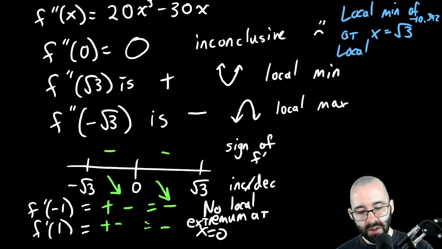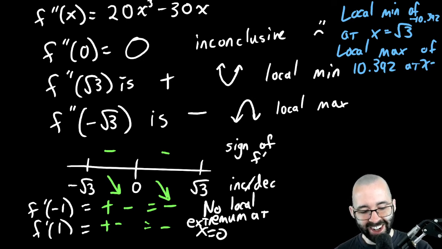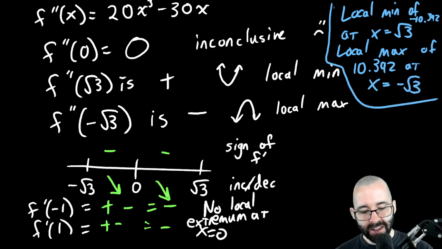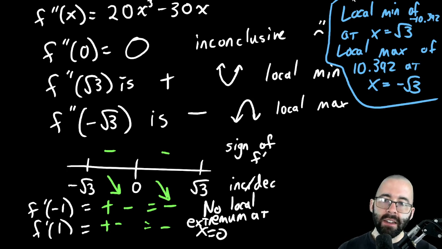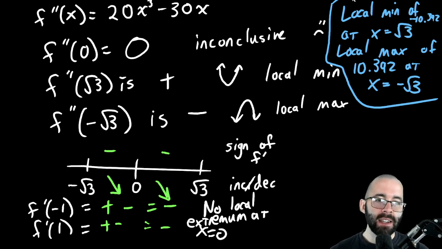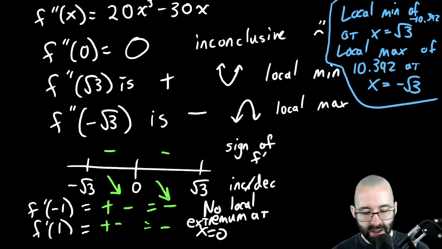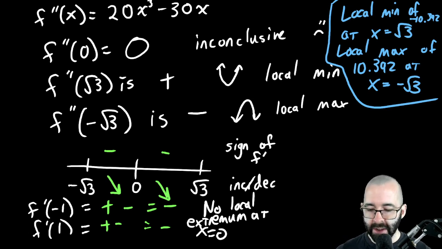And we found that there's a local max of +10.392 at x equals -√3. That's not going to fit either. And those are our only local extrema. If the problem asks you to give an exact answer, then you wouldn't have these approximations. But for this one, it doesn't matter.